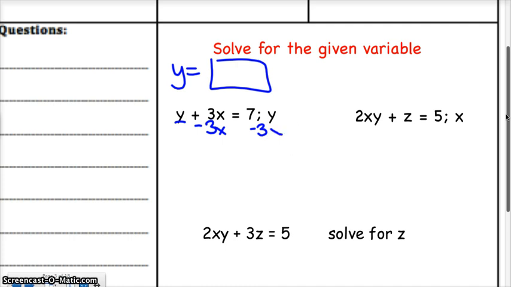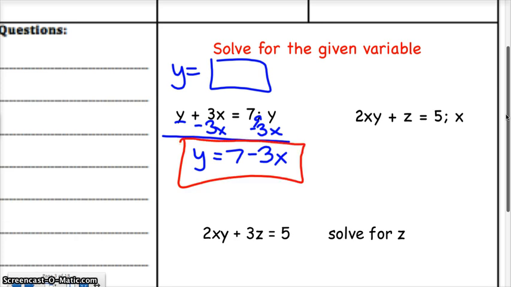I can't combine them. So I'm left with y is equal to 7 minus 3x. It's not 4x. Am I done? I want a nice confident yes. I am done because my y is alone. That's my final goal, y alone.